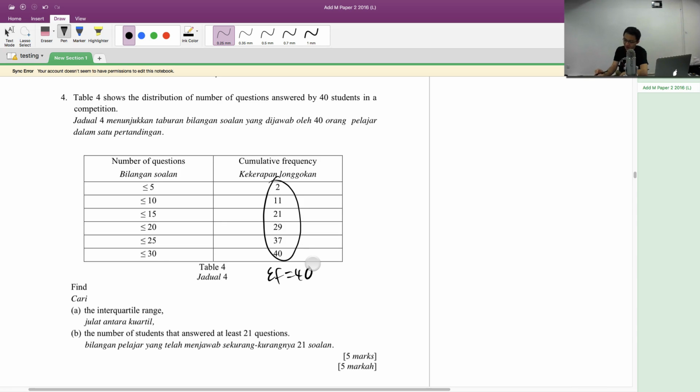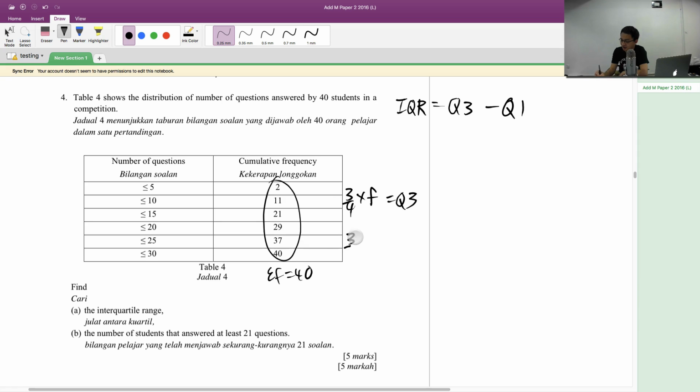Okay, so in order to find the interquartile range, the interquartile range is actually equal to the third quartile minus the first quartile. So in order to get the third quartile, I will use 3/4 multiplied by my frequency. This one is to find the third quartile.